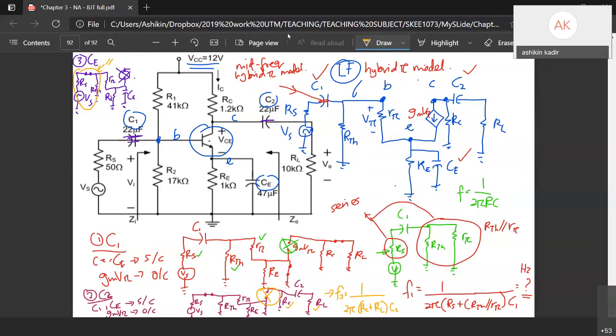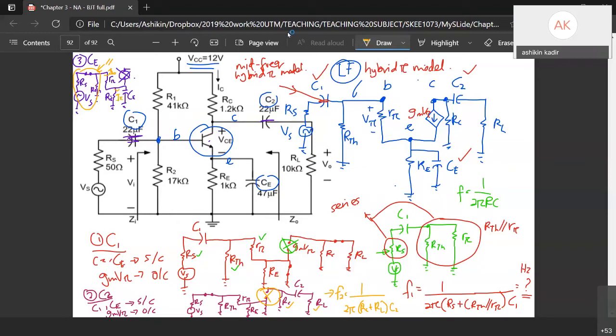If you still remember when we did the mid frequency analysis, the current that flows through Rπ and RE are different, because here is IB and here is IE.